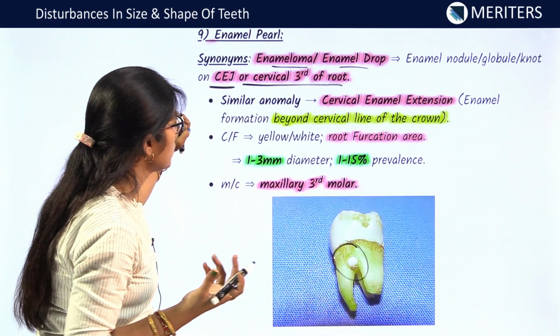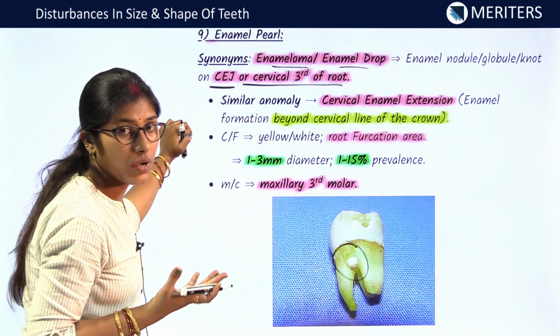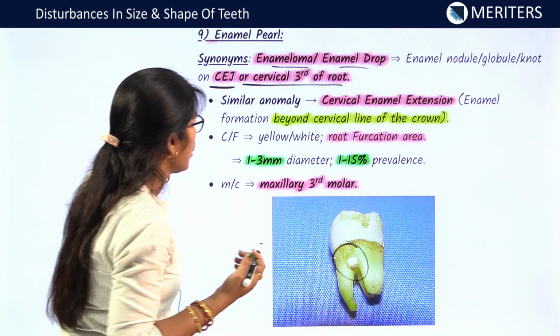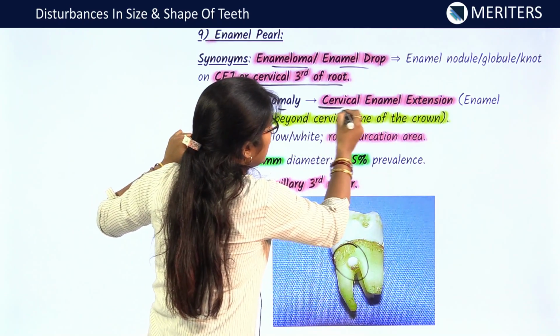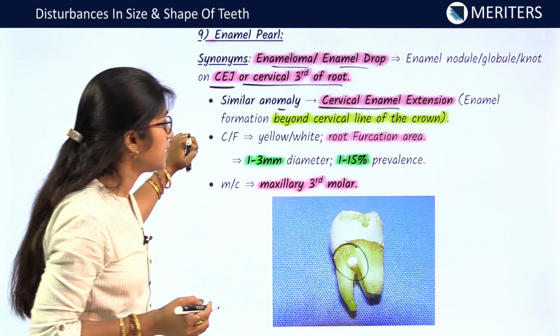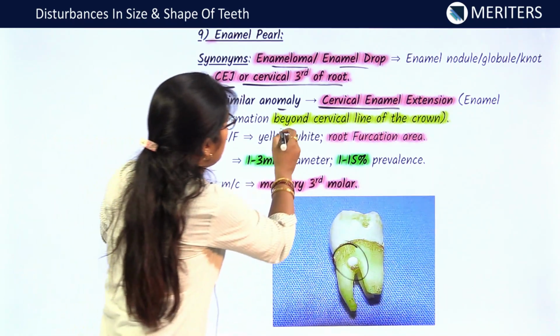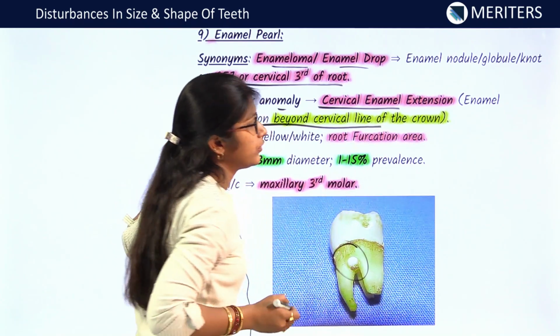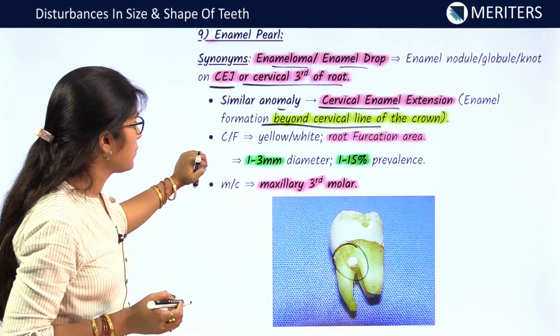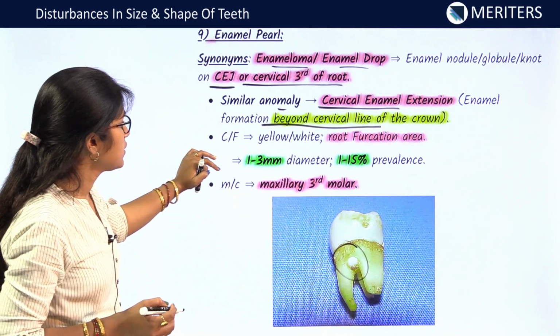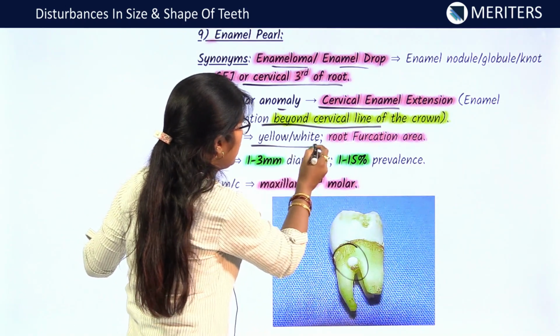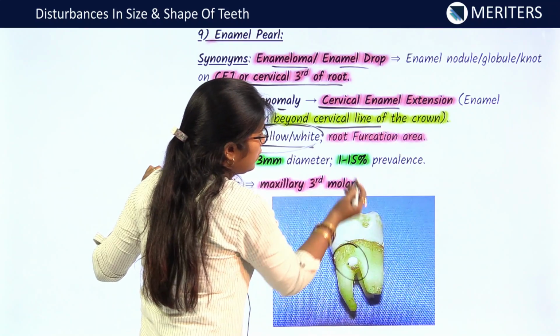Okay, so that is known as enamel pearl or enameloma or enamel drop. Now similar anomaly is cervical enamel extension. That is, enamel formation will extend beyond the cervical line of the crown. That is similar anomaly.